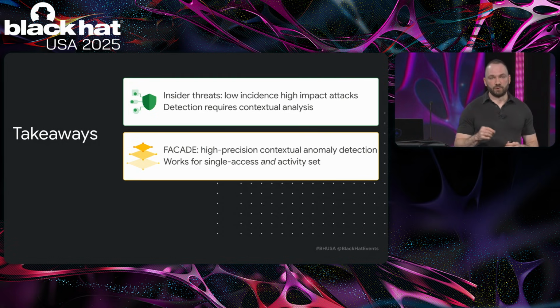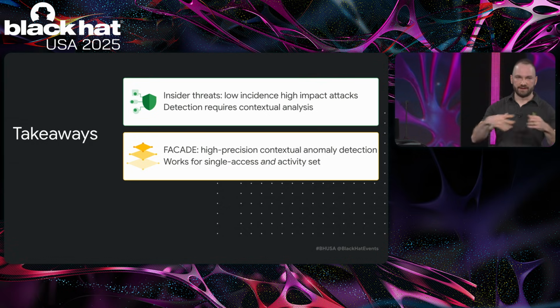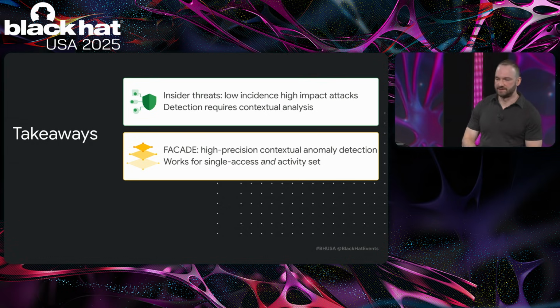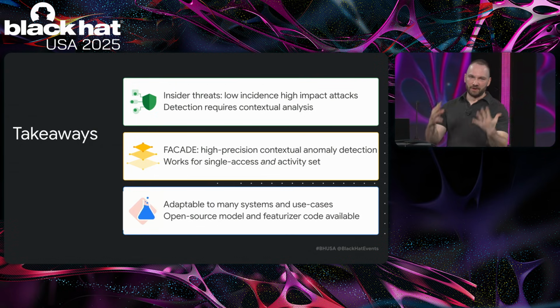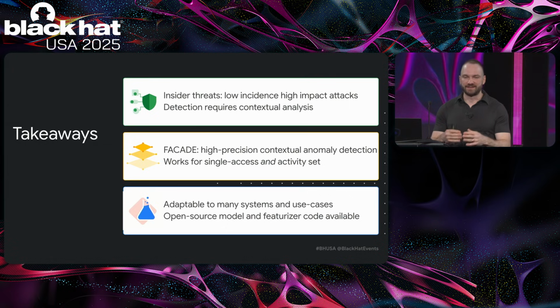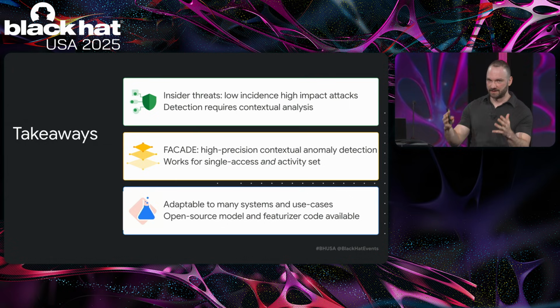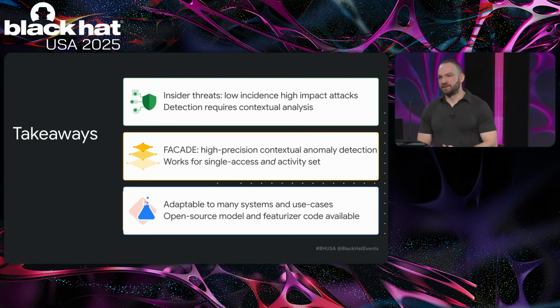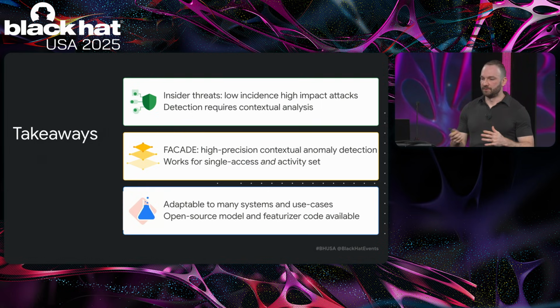And Facade works both for single accesses and for scoring entire sets, entire time windows of activities. Finally, I hope I could give you a clear sense that Facade is adaptable to many systems and use cases because of how general the user and resource representations are. And we're also providing a reference open source model and featurizer code.